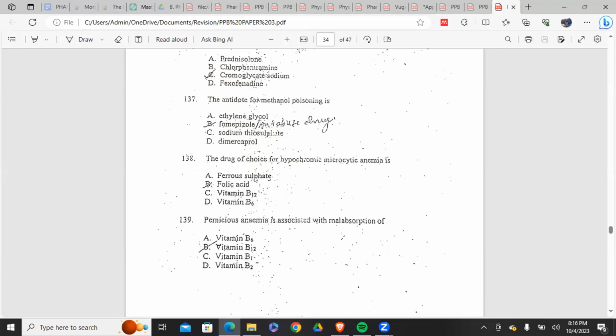I'm still googling here to see. It says vitamin B6 deficiency is associated with microcytic anemia. We said the answer is folic acid. Microcytic is iron deficiency. Iron deficiency anemia, because you give iron.